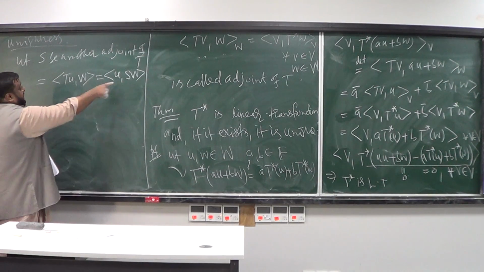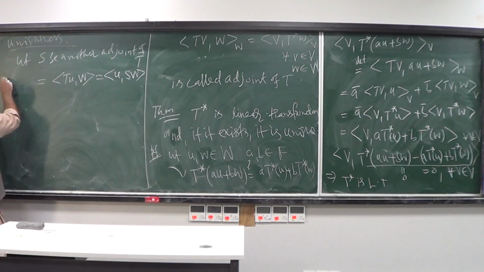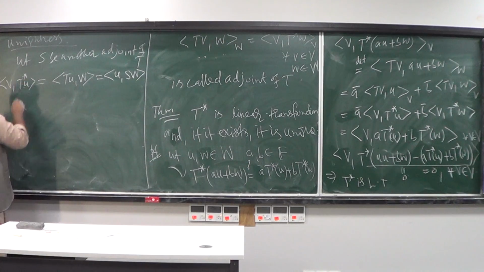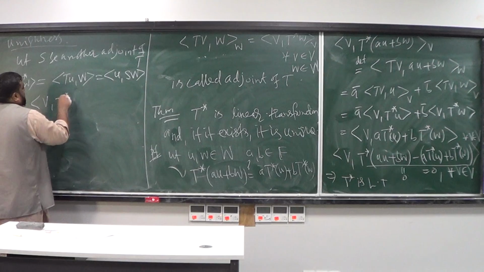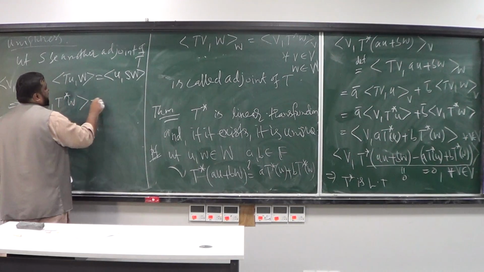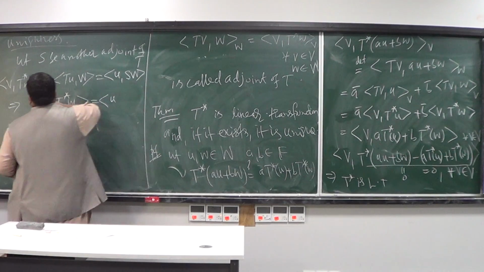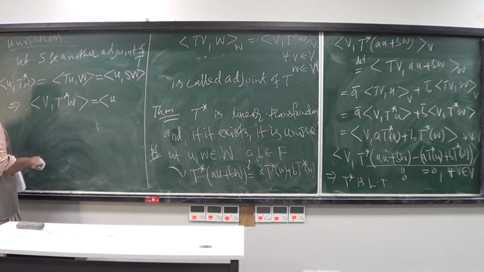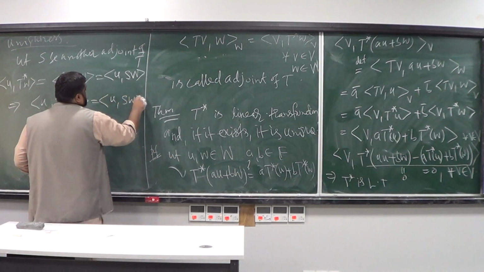But since S is the adjoint of T, this is also equal to <V, T star of W>. This is also equal to this, and hence you have <U, T star of W>, and I have <U, SW>.